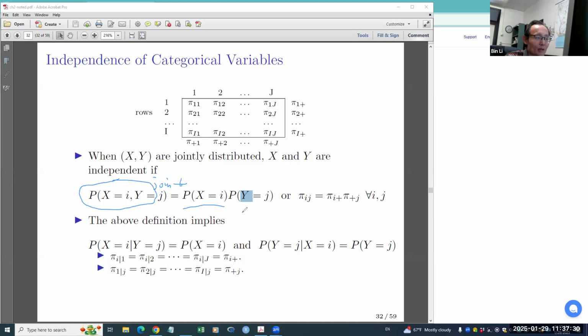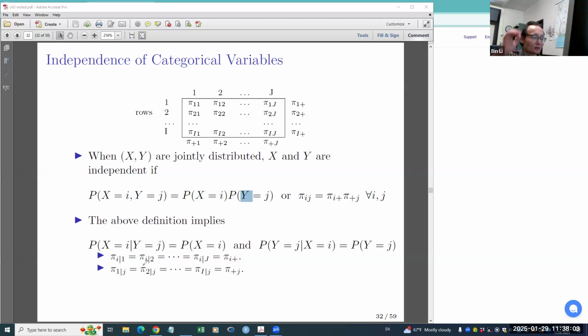But this one is the product of the marginal probabilities on x and on y. These two are the same. Or we can write pi ij equals pi i plus times pi plus j for all i and j. This is the definition of independence.